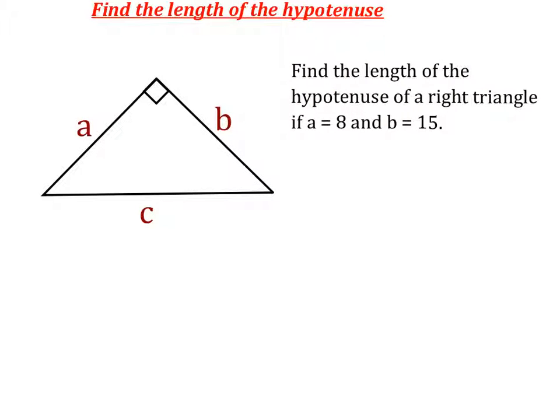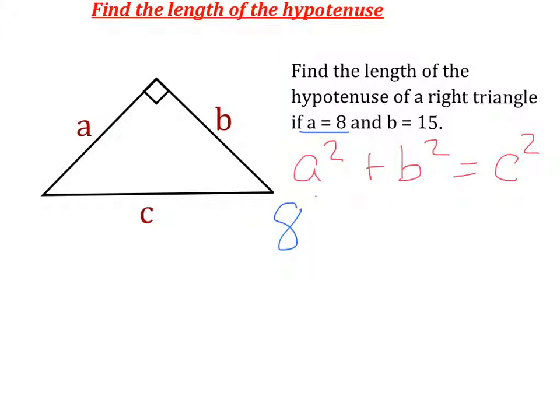So, here we have a problem. They're saying find the length of the hypotenuse of a right triangle. A is 8, B is 15, so we're trying to find C. So again, just using the formula, A squared plus B squared equals C squared, we're going to substitute for what we know. A, we're told, is 8.